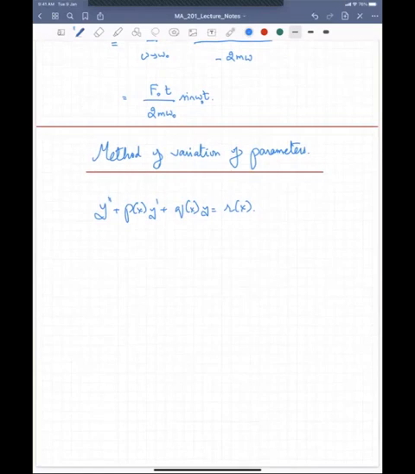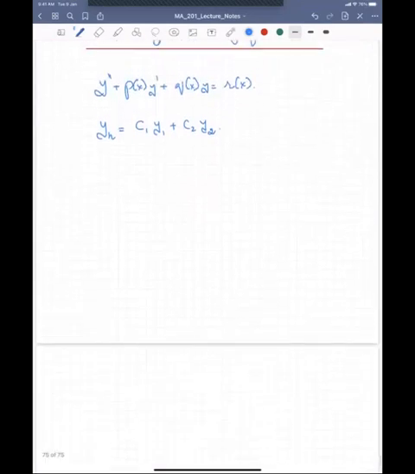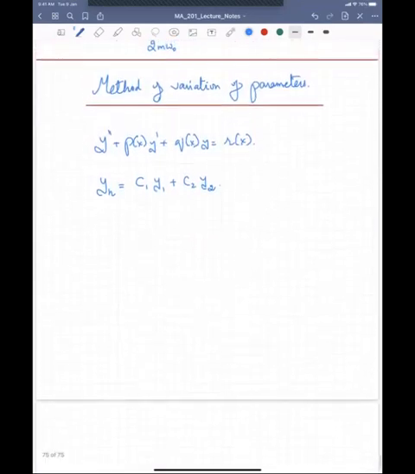So you're going to again start with the homogeneous equation. You know that the solution to this can always be written as c1 y1 plus c2 y2, where y1 and y2 are the basis, linearly independent functions. Okay, so variation of parameters is basically saying that maybe you can just tweak this solution and figure out a particular solution from this solution.